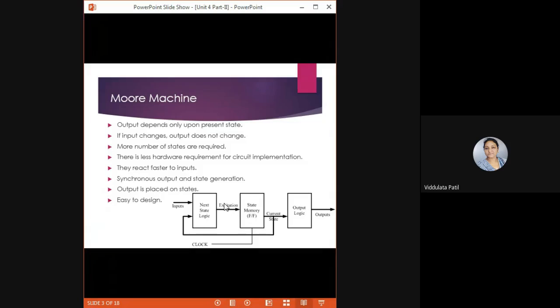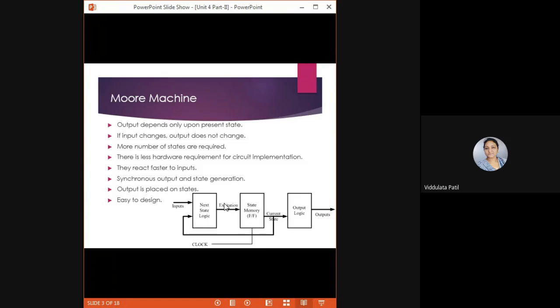It is not dependent on input, as the input is going to vary continuously. So it is not going to change the output state. That is why the hardware required for this implementation is lesser.